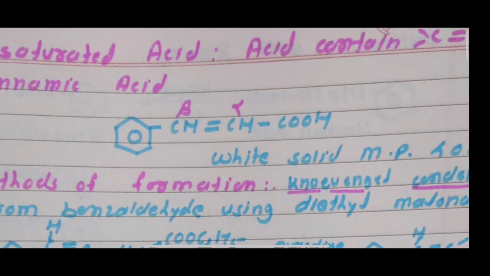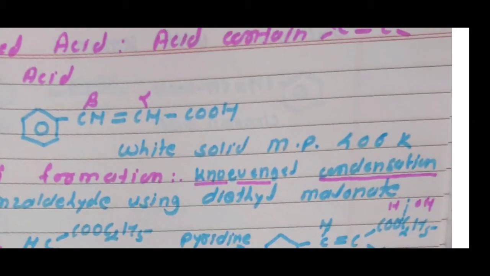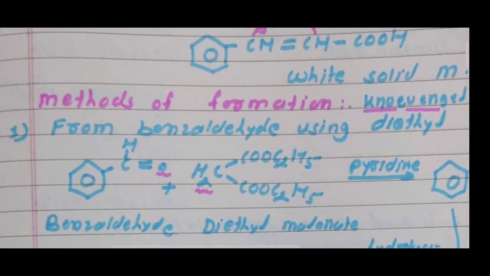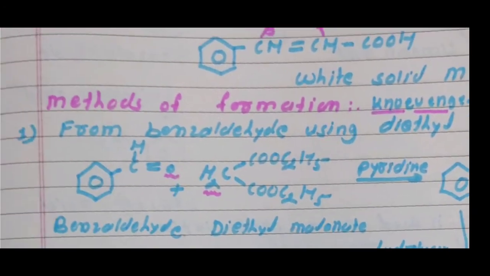Cinnamic acid is a white solid compound having melting point 406 Kelvin. Then after the structure we study the methods of formation of cinnamic acid.